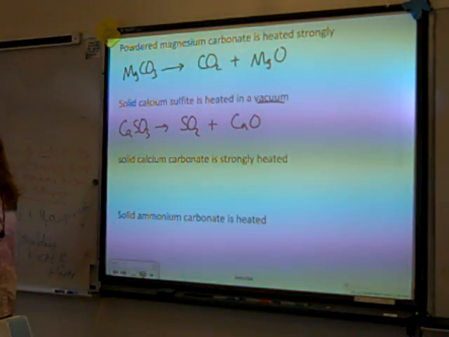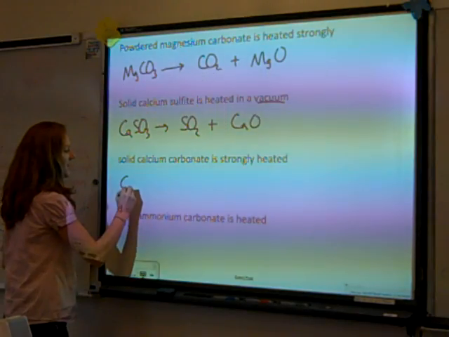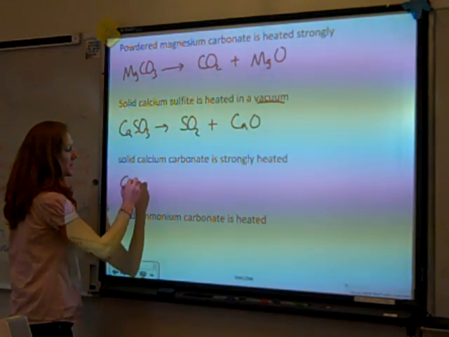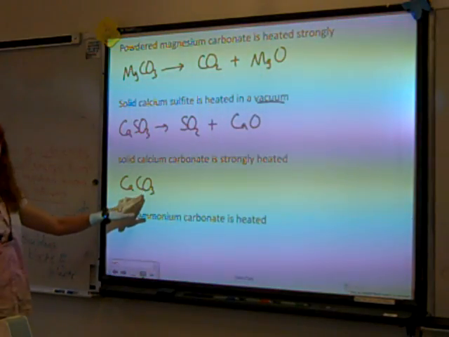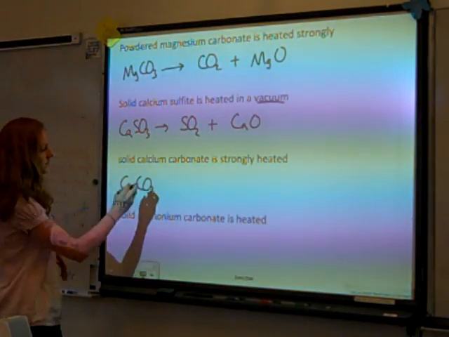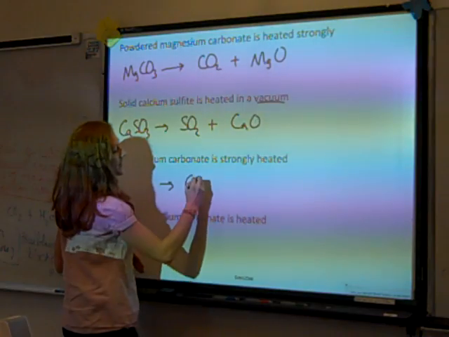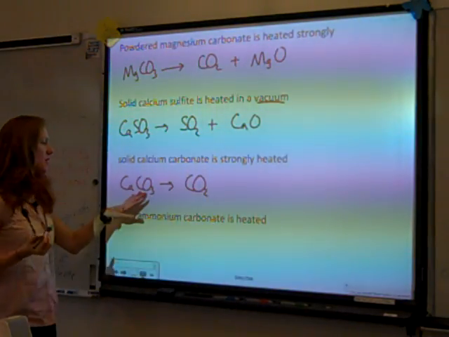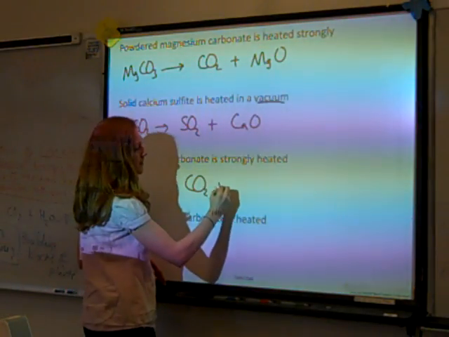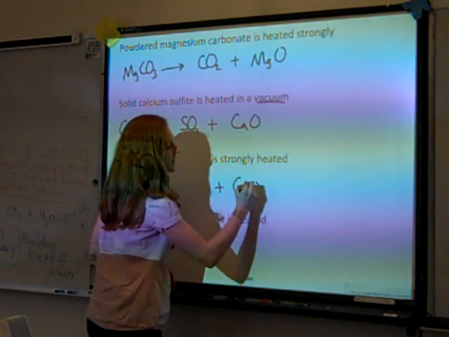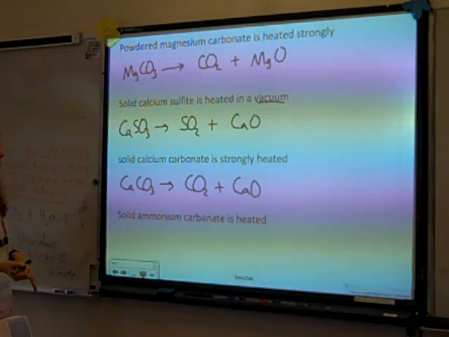The next one I have is calcium carbonate. Very similar: Ca with a 2+, carbonate, CO3 with a 2-. You probably know the gas you can make when you heat carbonate: carbon dioxide. If I took carbon dioxide out of this compound, you can see what I'd be left with: calcium oxide. And that's it.